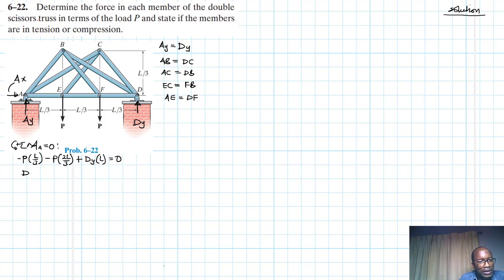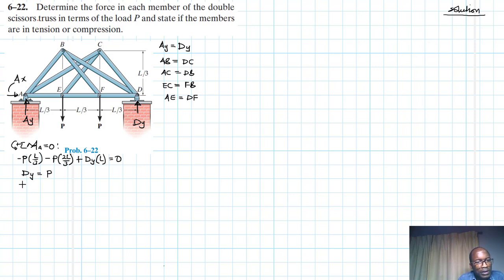Therefore, our DY is just going to be equal to minus PL over 3 minus PL over 3. This becomes 3PL over 3. Then once we divide the L there, 3 and 3 cancel out. Then we'll have DY equal to P.